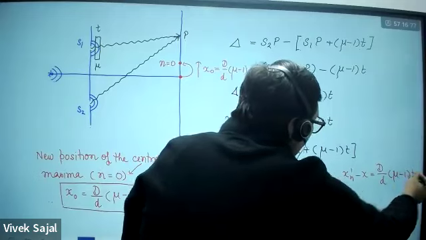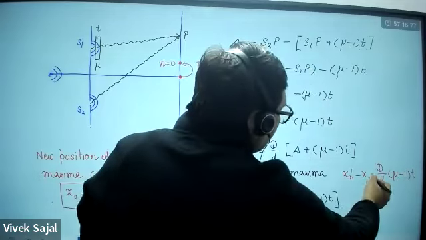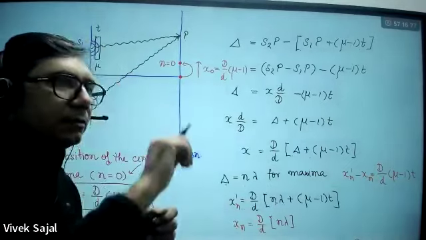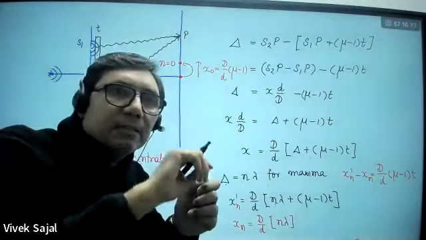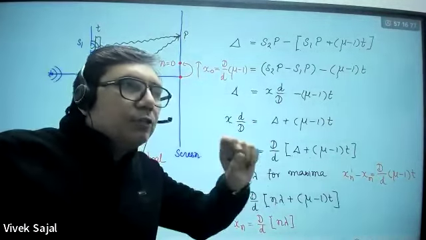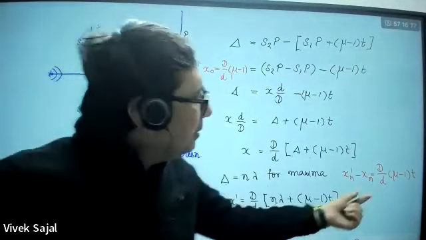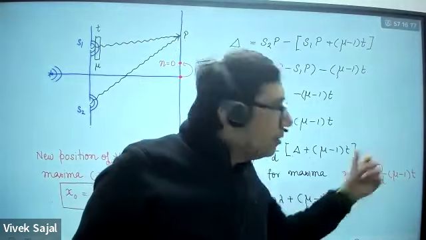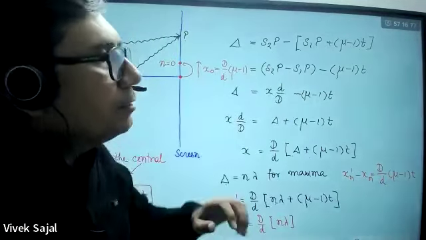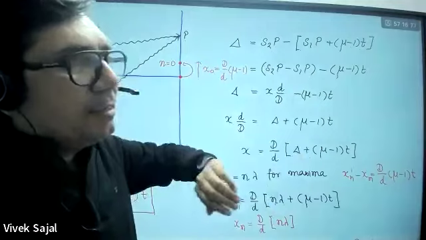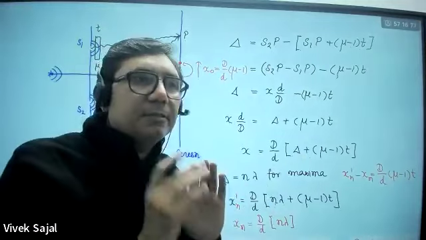So remember, the shift in the position of the nth maximum is independent of small n. Small n is not appearing here. It means all the fringes are shifted in the upward direction by the same distance.